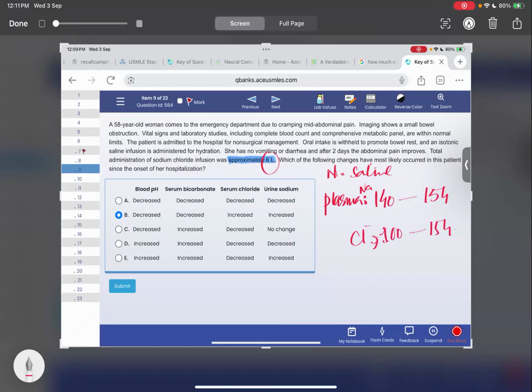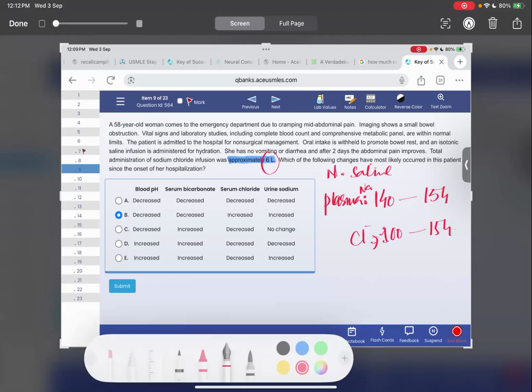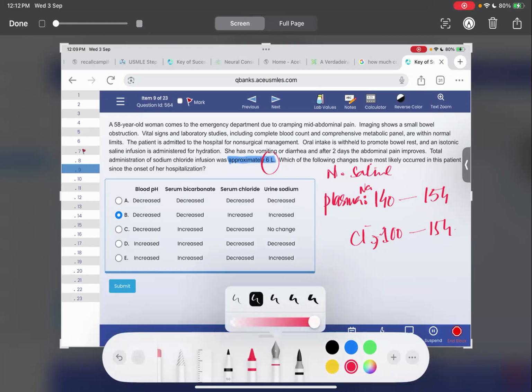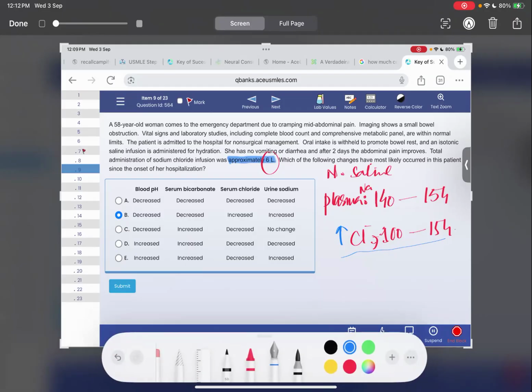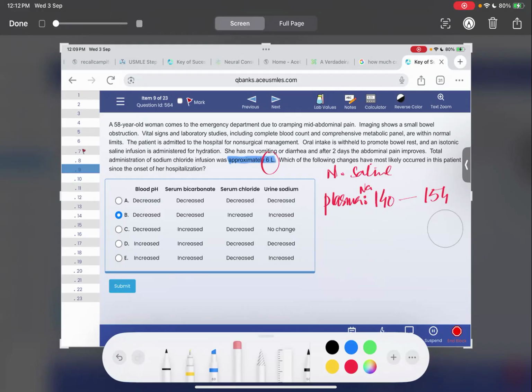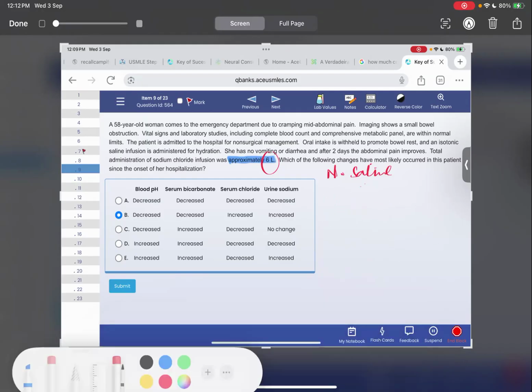So which one is affected more? Which is increasing more? Chloride. You have almost got the complete question by getting this concept. So what will chloride do if we have increased chloride?